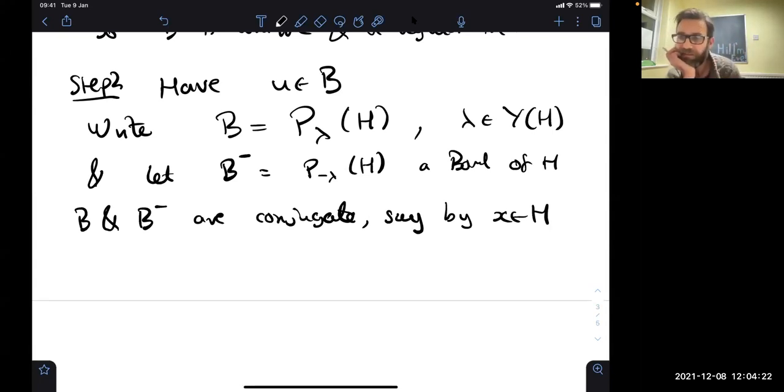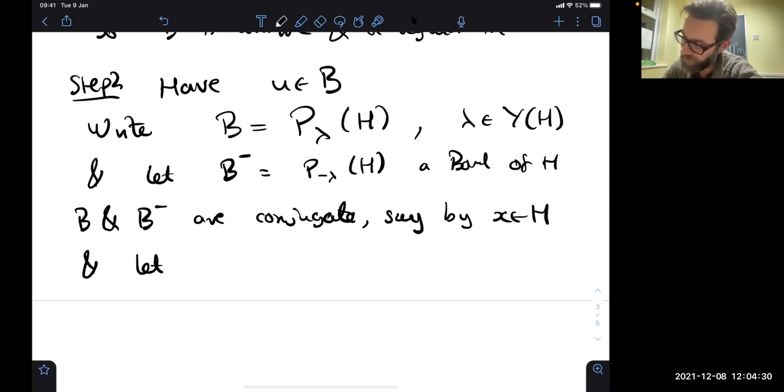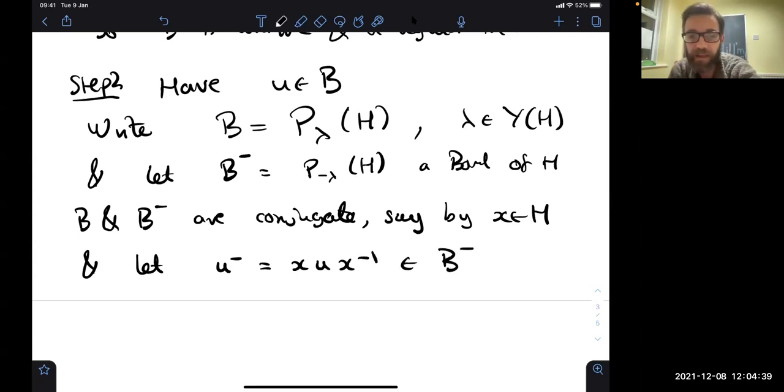I could choose the longest word in the Weyl group, for example. I don't really care what element I choose. I'm going to let U minus, another unipotent element, be the conjugate of U, and this is going to be in B minus.